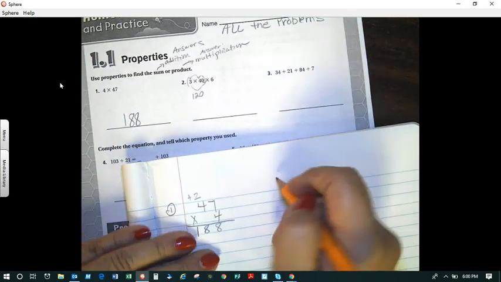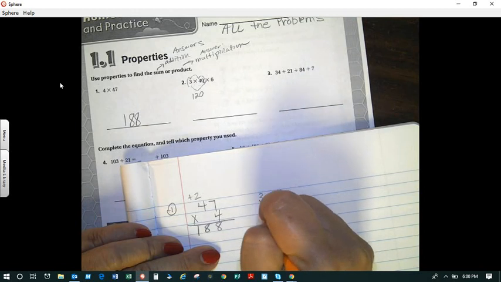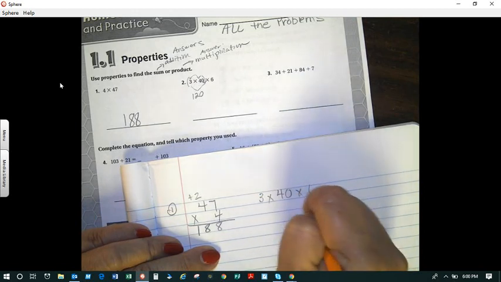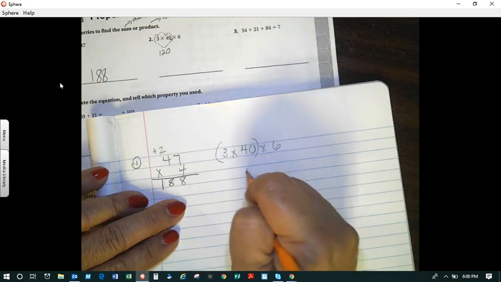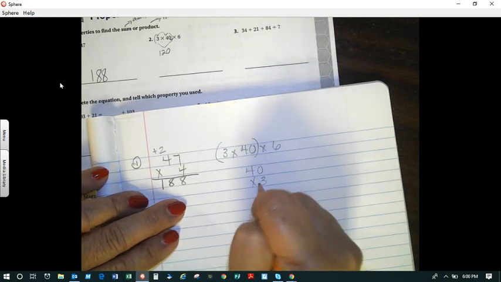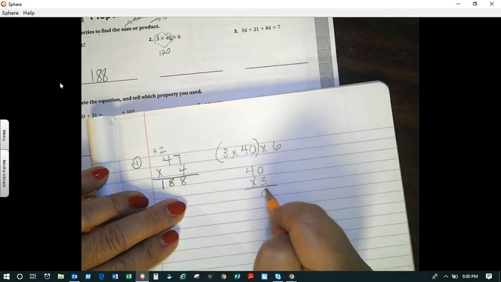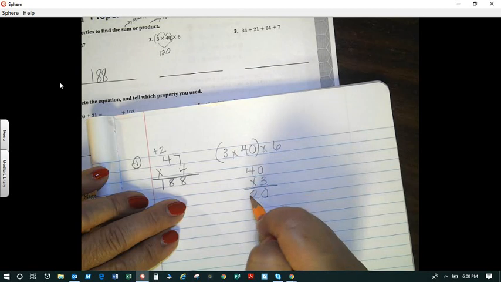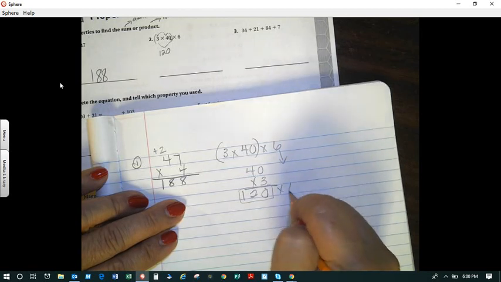I can also show it with the 3 times 4 times 10 times 6, and I'm going to group this part together, and if this is the way you wanted to work it out, that's fine too. 3 times 0 is 0, 3 times 4 is 12, and that's my 120. Then I'm going to bring down my 6, so it's 120 times 6.